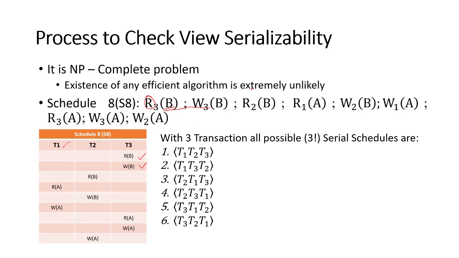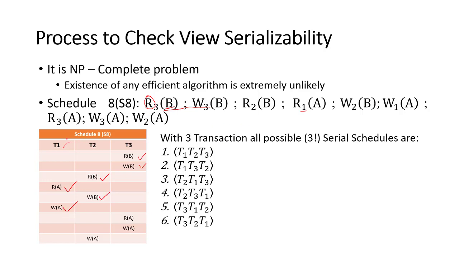Now, the next two operations are done by transaction 2 and transaction 1 on data item B and data item A, and both of them are read operations, which are represented by these two. The next two operations are done by transaction 2 and transaction 1, both write operations, on data items B and A, which are represented here and here.